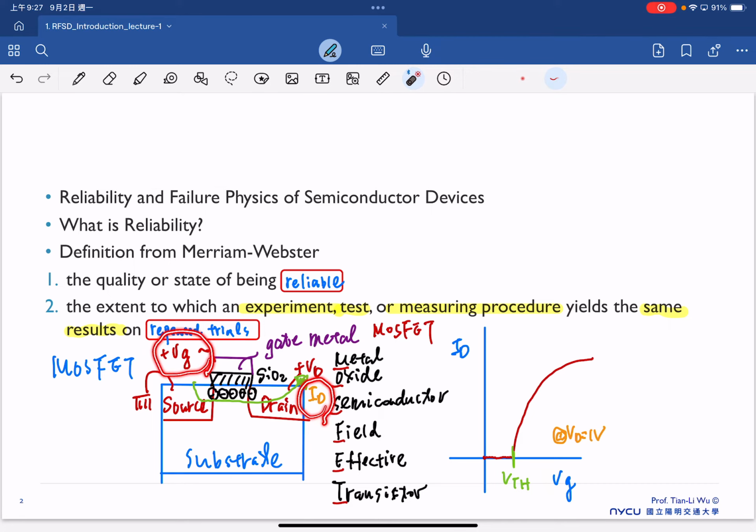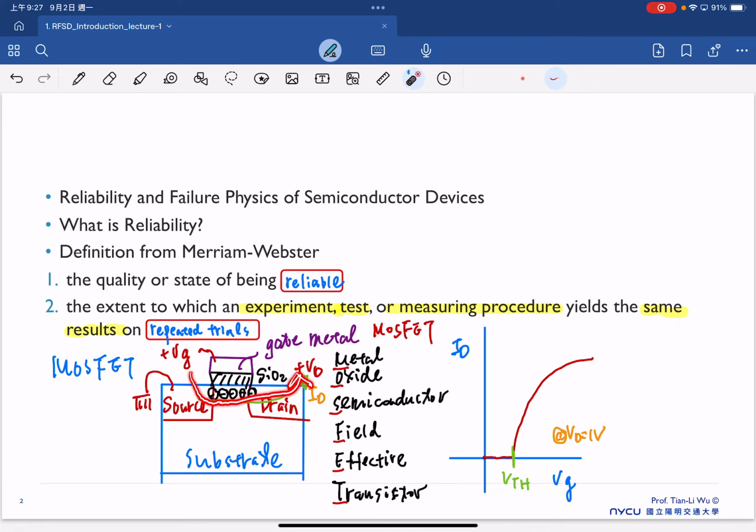So we are interested in this correlation. We start to gradually increase the gate bias. After a certain moment, the electrons under the gate region are high enough, so we can form the channel. We start to have enough electrons that allow flow from the source to the drain side.